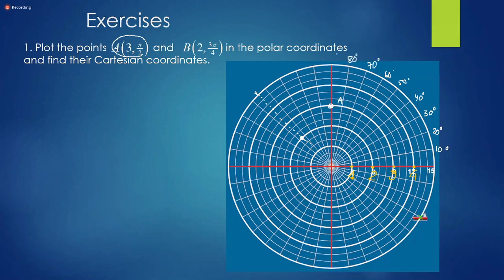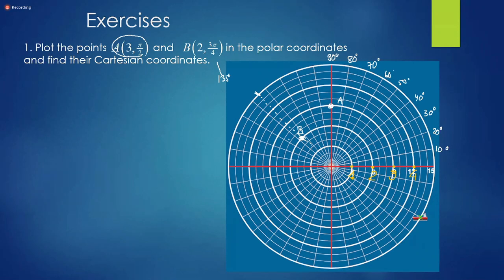This is not perhaps the most convenient for us. So we have to understand that this would actually be 135 degrees, between the two radius lines. So this is the point B: distance 2, angle 3 pi over 4.